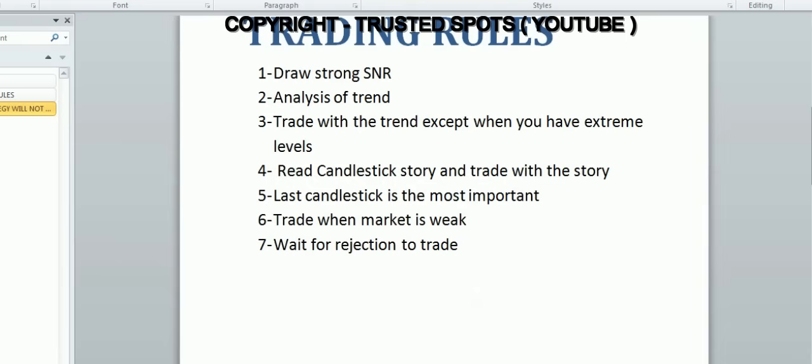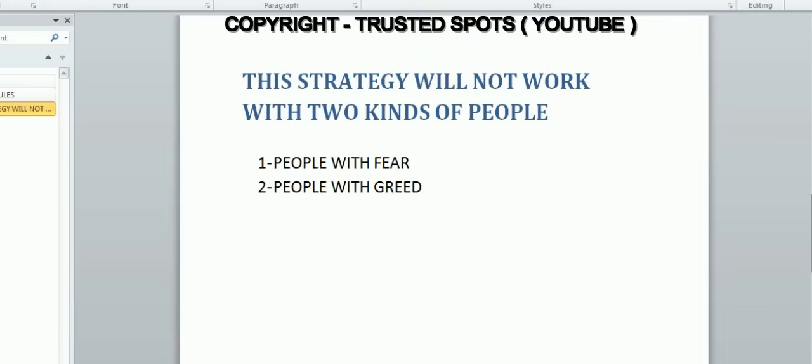So this is about the strategy, but now I have one more important thing to say to you: this strategy doesn't work with two kinds of people. By two kinds of people, I mean people with fear and people with greed. If you have fear, then this strategy will not work.